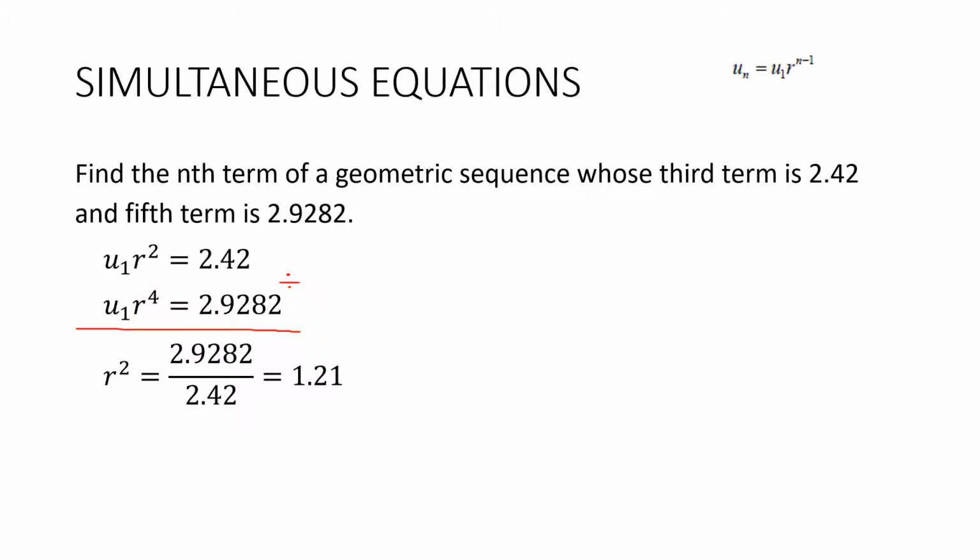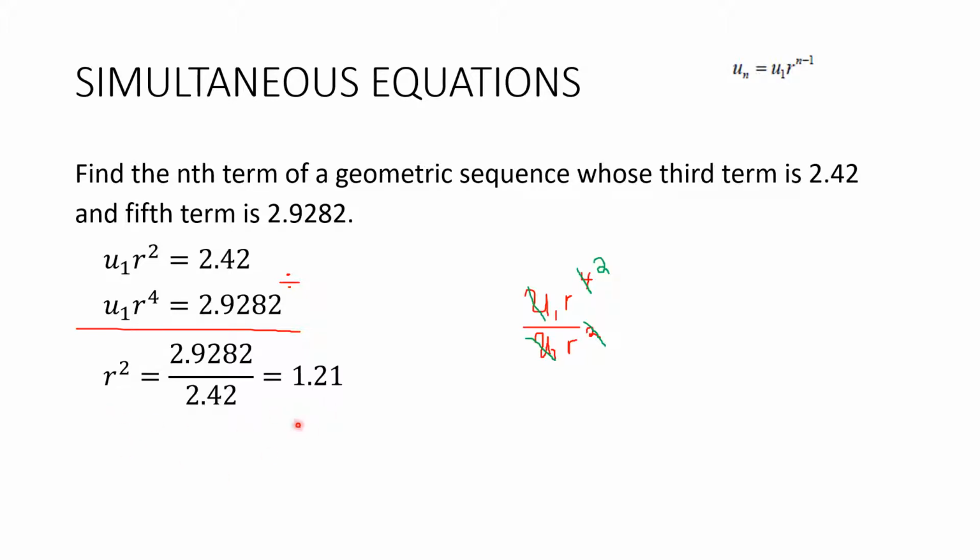Actually, I might write this for you. u1 r to the fourth over u1 r squared. And you can see that they cancel out. And when I divide pronumerals that are the same, I subtract the indices. So I get r squared is equal to this division here, 2.9282 divided by 2.42, which gives me 1.21.